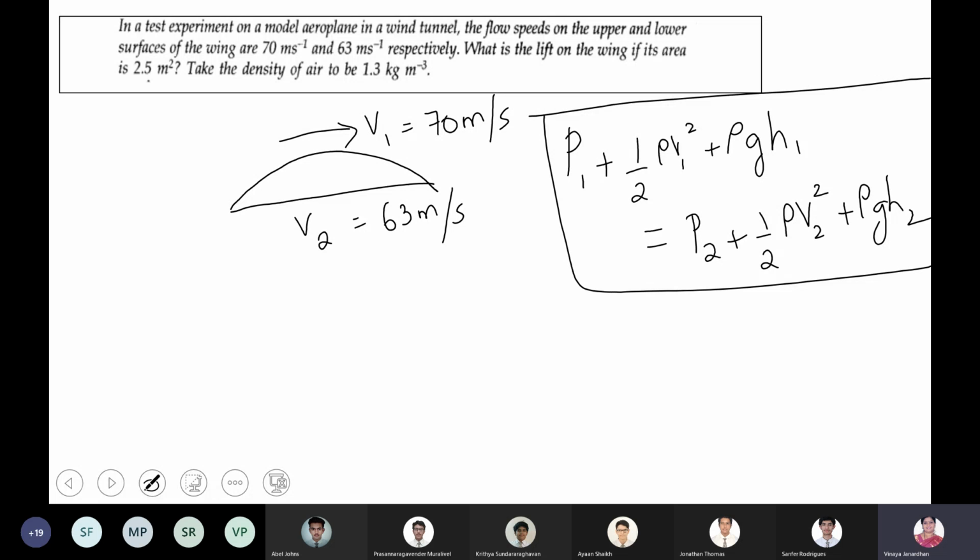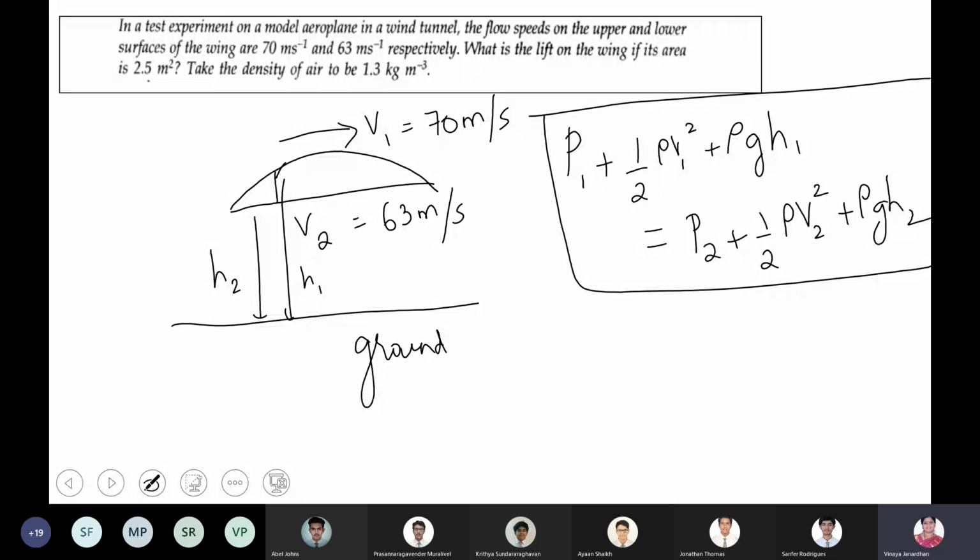Clear, boys? Now, the only assumption you have to make is about the wing. Let us take this as your ground. The thickness is so small that the upper and the lower edges are at the same height. If I take this as H1 and this as H2, the thickness of the wing is less, so I can write H1 is approximately equal to H2.